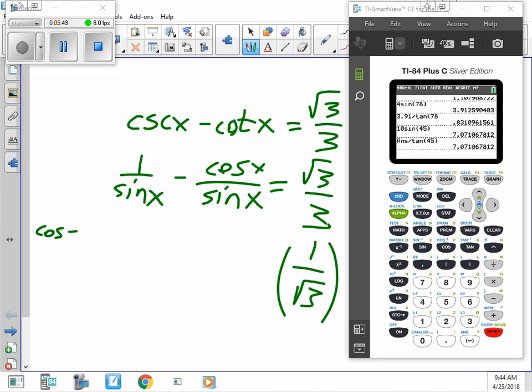So the cosine equals 0 when the sine is equal to 1 or negative 1, right? So where is the cosine equal to 0? Here or here. So when the cosine is 0, sine is plus or minus 1. Will that work? No, that doesn't work. Okay?